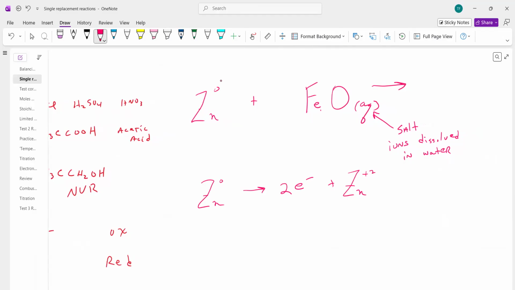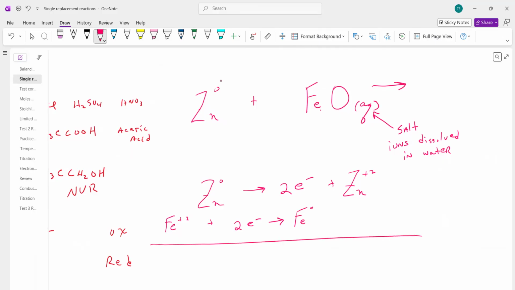And the iron is going to gain those 2 electrons. So on the left, it's gaining, on the right, it's losing.